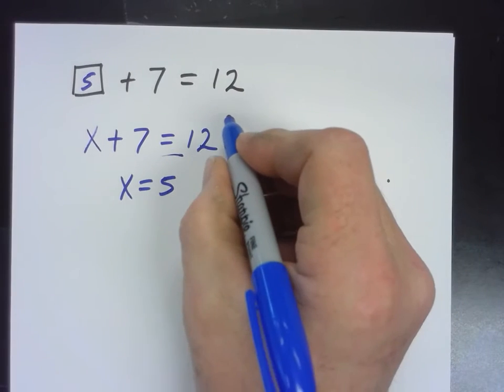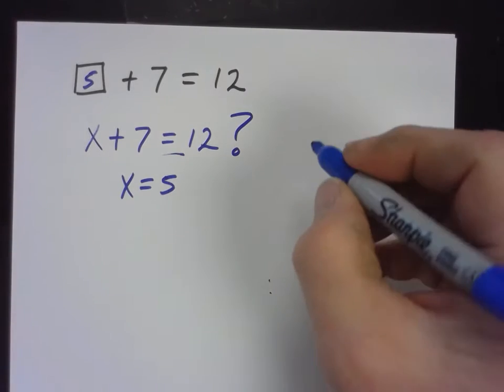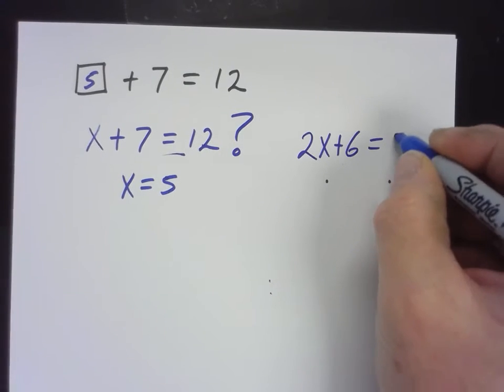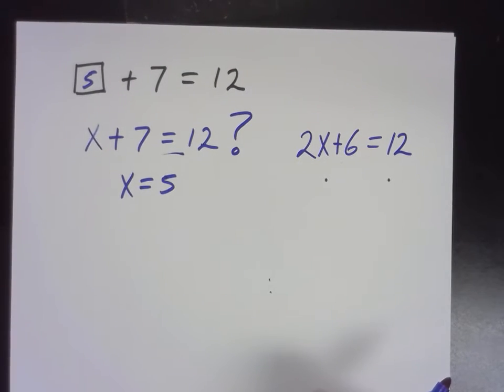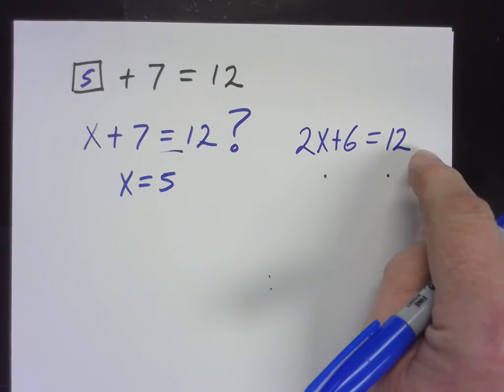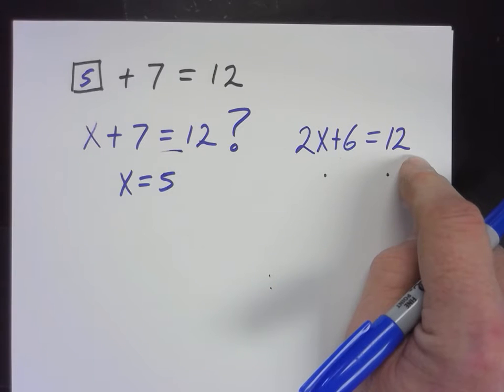Every single conditional equation is a question. Right, Jack? So when Jack sees something like this, he's going to think 2 times what number plus 6 equals 12? It's a question. That makes sense? It's always a question.